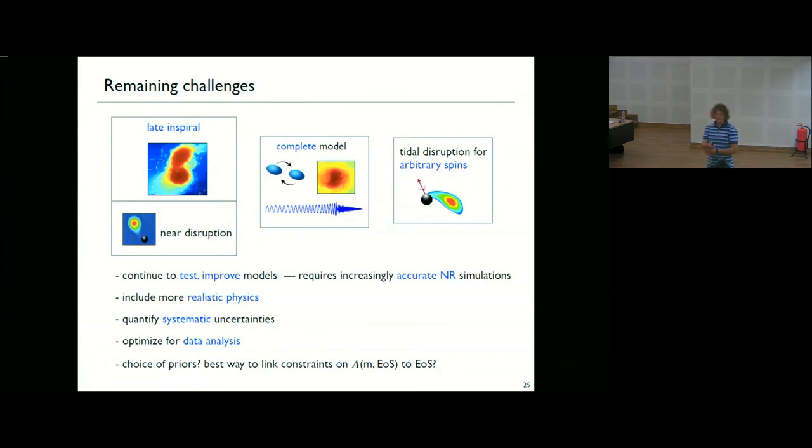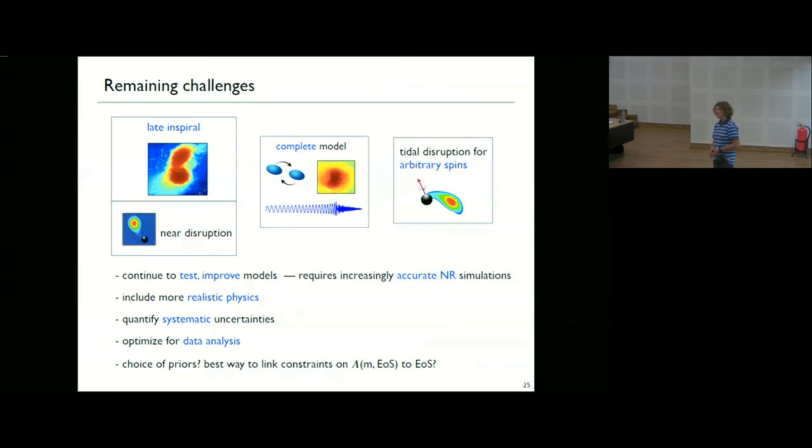Of course I mentioned the late inspiral after the stars come into contact in binary neutron stars, and for neutron star black hole near the tidal disruption when there's already some mass loss. In some cases we see that the models could be improved. Then the other thing is to get a complete model that includes also the post-merger physics.